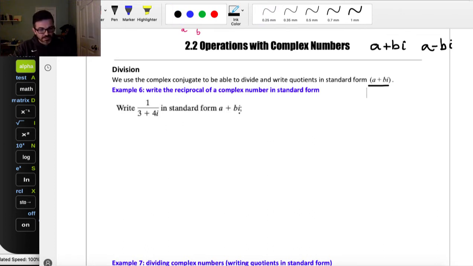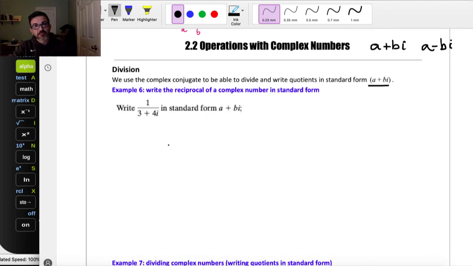And it's really kind of a holdover, at least the rationalization is a holdover from when we did a lot of calculations by hand. But especially now that we have calculators, it's a bit antiquated. But we do want to be able to put this in standard form.